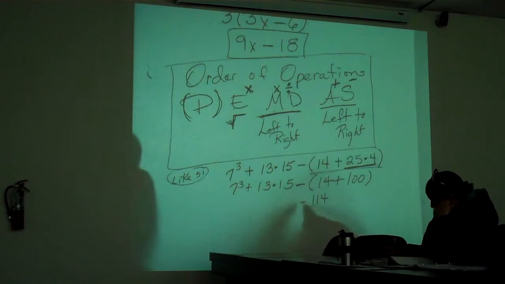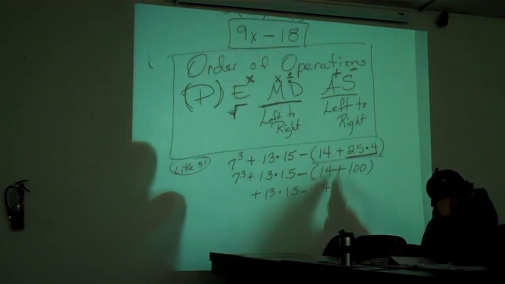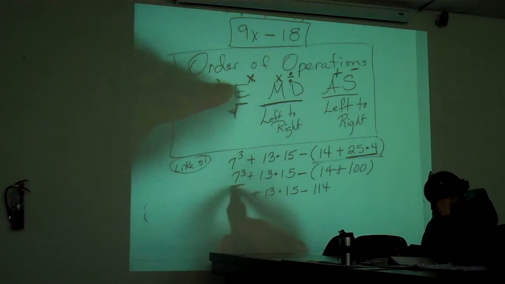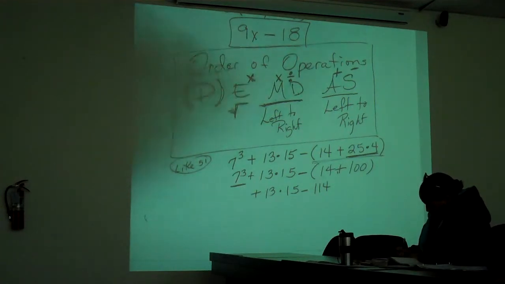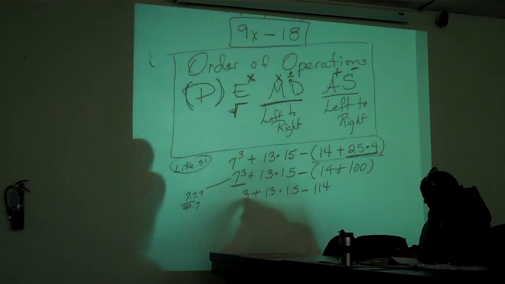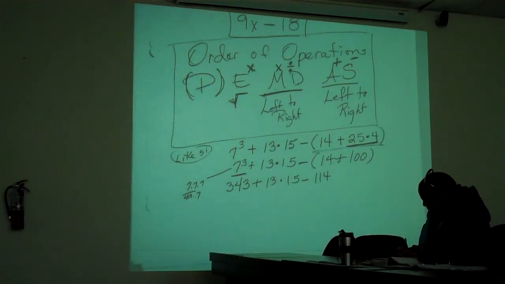Okay, we don't have a parentheses anymore. Since we don't have a parentheses, the next thing will be exponents. Let's simplify the 7 to the third power. That means 7 times 7 times 7, right? 49 times 7 is 343.